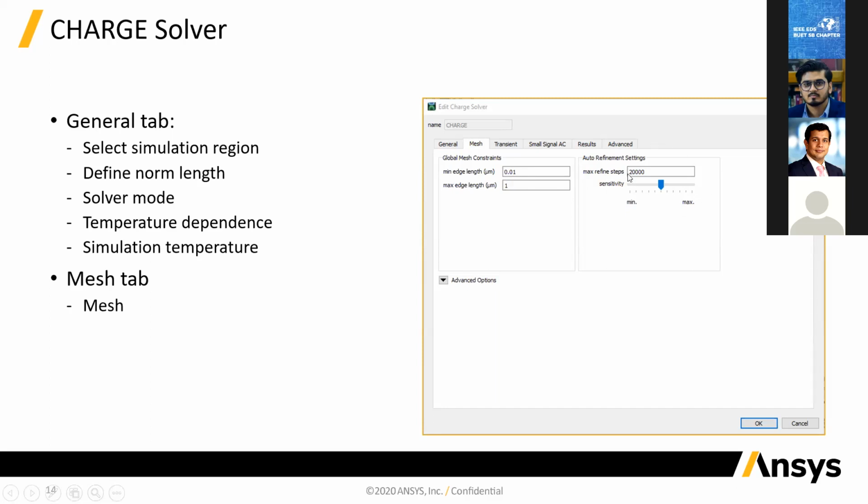And then another important parameter here is the maximum refined steps. As I mentioned, it starts with a coarse mesh, and then it makes it finer and finer in an iterative process. And so there is actually a safety step here, that it will stop that iteration after a certain amount of steps.